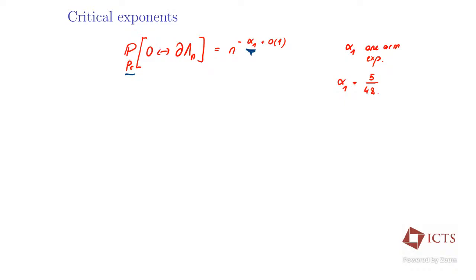So somehow what's more interesting than the value of the critical parameter is this picture of the critical parameter. By the way, this value here is obviously related to the Hausdorff dimension of that critical cluster that we've seen. But this isn't the only critical exponent.